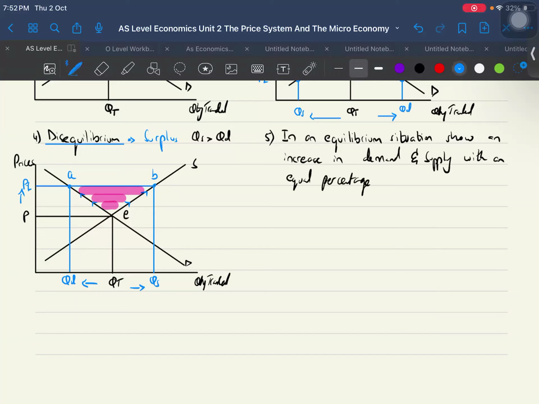This means that you're going to increase the demand and supply with the same proportion.